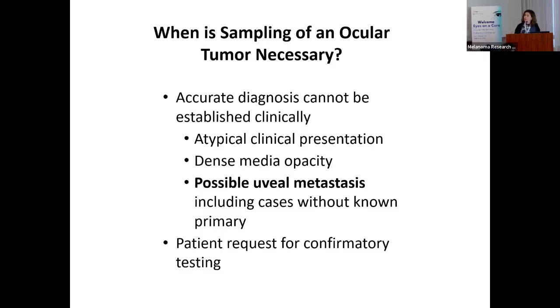That's generally when a patient could have a tumor from another site traveling to the eye. That's one of the main reasons that we'll sample a tumor that may be a melanoma. And sometimes a patient wants it before having treatment that's going to change your life. Sometimes a patient wants to say, yeah, I want this confirmed with a tissue specimen.